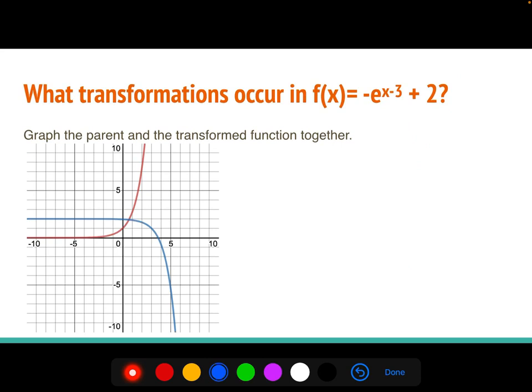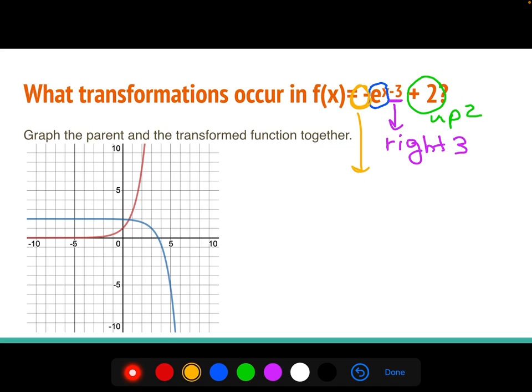All right, let's see what happened in this one. So the parent function, let's see if we can figure out what he is and then what transformations happen. F of x equals negative e to the x minus 3 plus 2. So the base is e, so e to the x is the parent. So we're going to dissect what happened. At the very end, there's a plus 2. We know that's up 2. There's a minus 3 in the exponent with the x, so that means it went right 3.